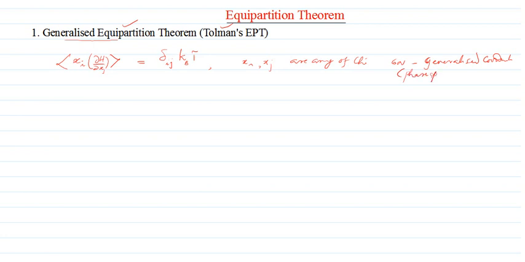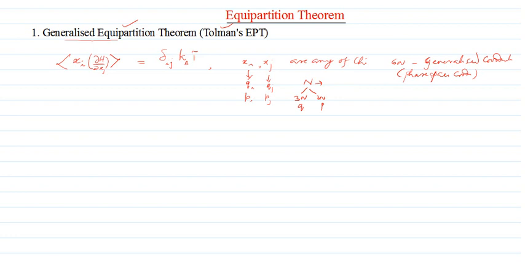It means xi can be qi, xj can be qj, or it can be pi, or pj. For a system consisting of N particles, there will be 3N values for the q's and 3N values for the p's, so altogether there will be 6N coordinates as well as momenta, which span the phase space.